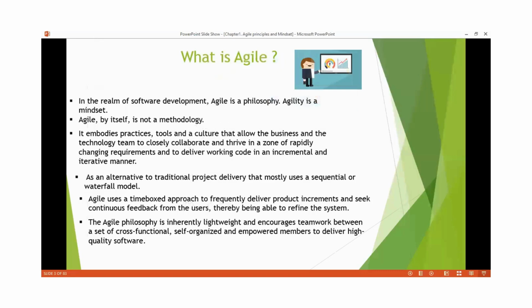When we look at the realm of agile principles in software development, Agile is a philosophy. It is a mindset of values and principles, and it is not a methodology at all.